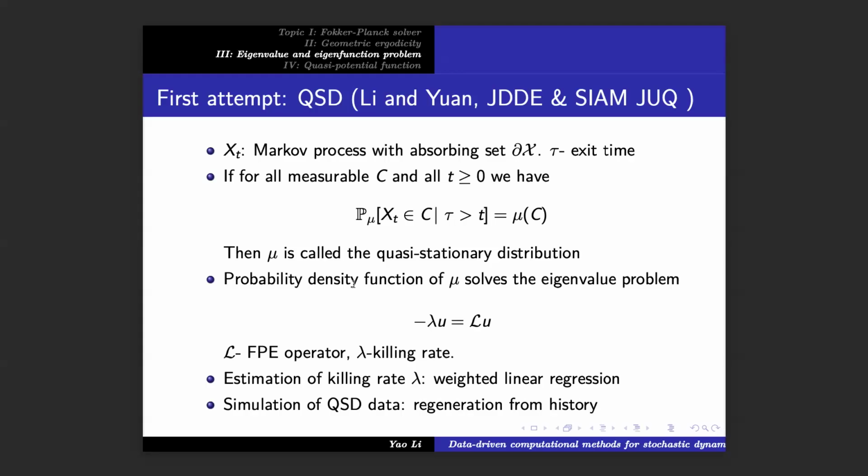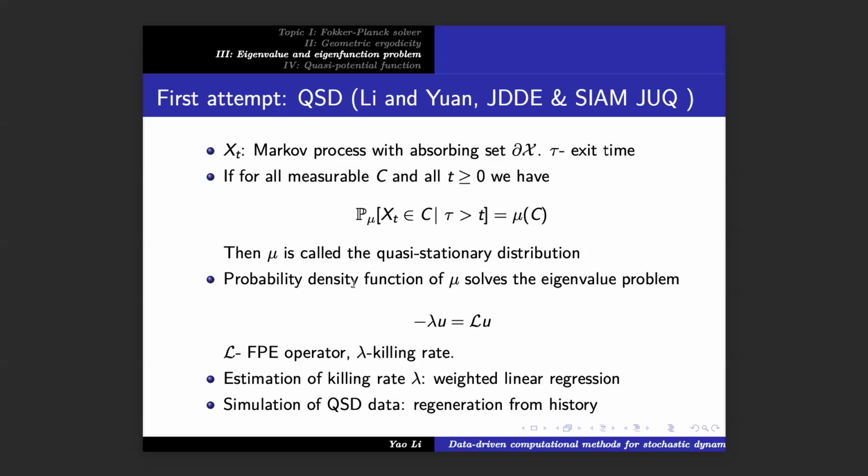The question we are interested in is: if we have some stochastic differential equation or maybe some Markov process, and we have the generator, then the steady state is actually the eigenfunction corresponding to the zero eigenvalue. And then the question is, how about the other eigenvalues and the other eigenfunctions?